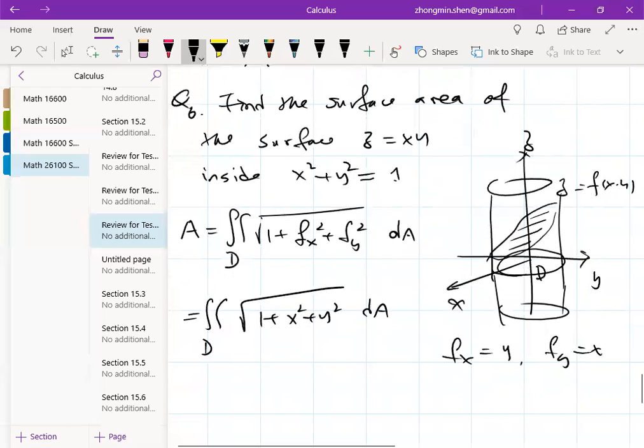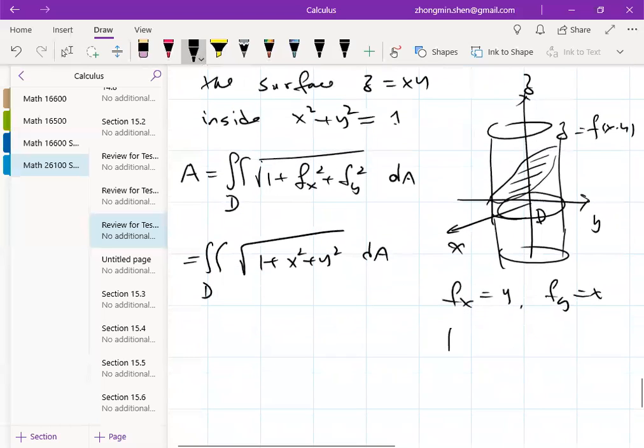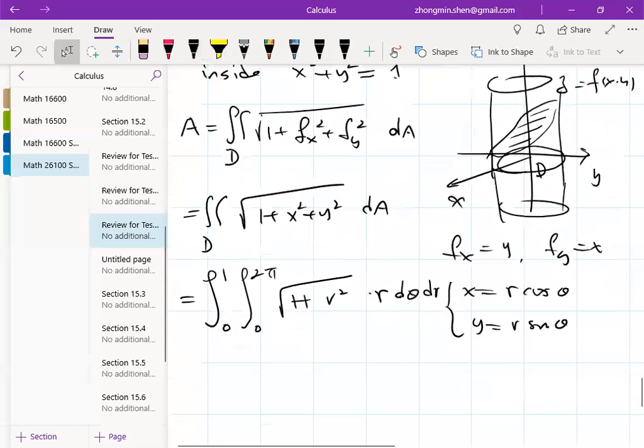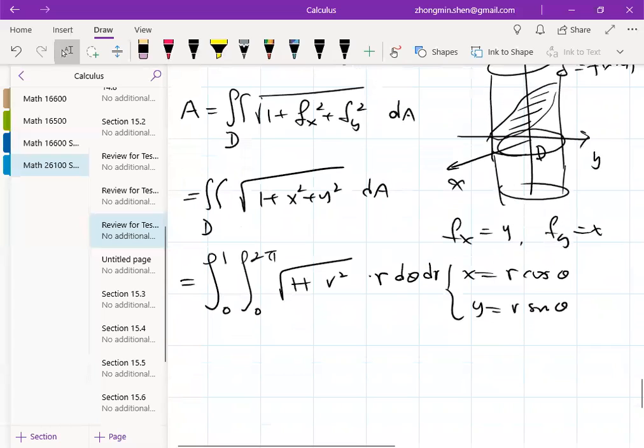And clearly you should use the polar coordinates to evaluate this integral. If you use the polar coordinates on D, x equals r cosine theta, y equals r sine theta. Okay? And so the integral I is from 0 to 1, theta is from 0 to 2 pi, and this is the square root of 1 plus r squared times r, d theta dr. And the integral is independent of theta, so it's 2 pi.